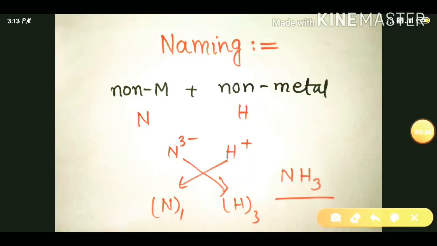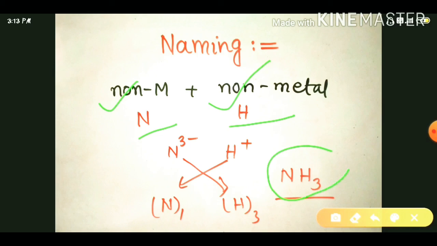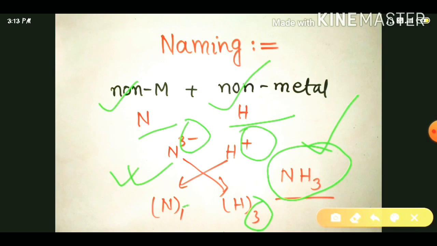Here is an interesting thing. For nitrogen and hydrogen, these two non-metals making this NH3, applying crisscross, in N 3 minus, 3 is written as it is, and H plus 1, its valency is written here.